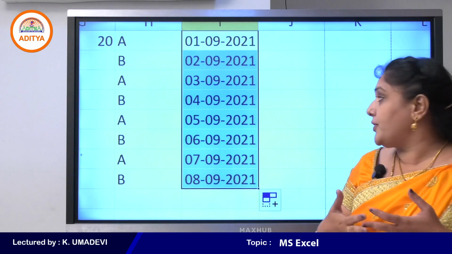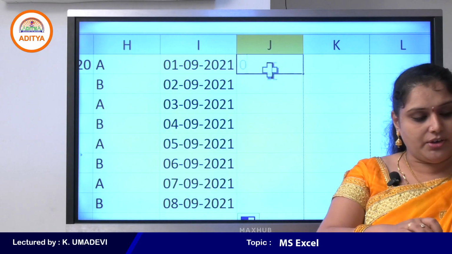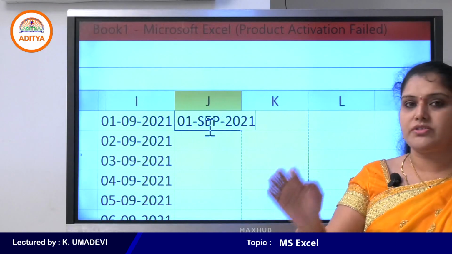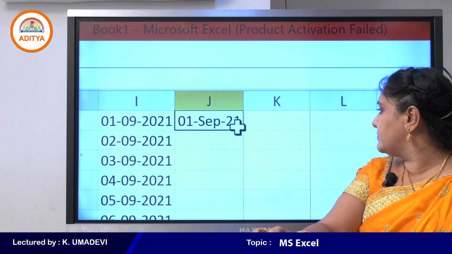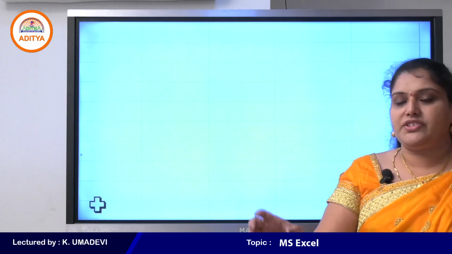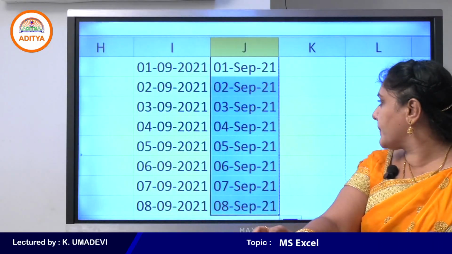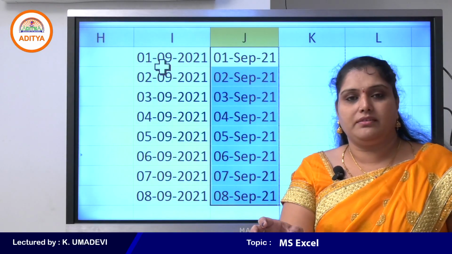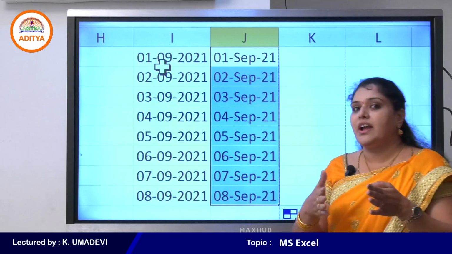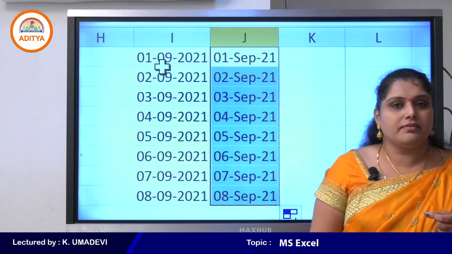Like this we can autofill the date format, or else you can enter 01 September 2021. So this is another date format. You can enter the month name, or else you can enter the number for the month. So these are two different types of date formats. We can use the fill handle to click and drag and auto complete the list of dates. Do you understand, students?